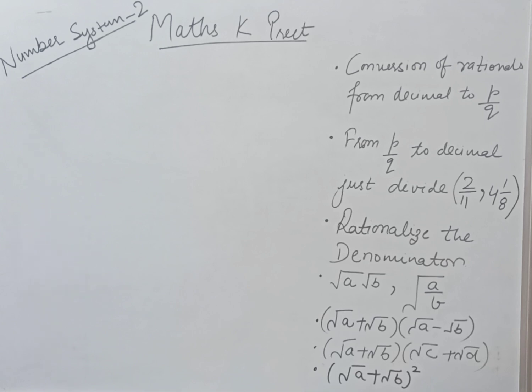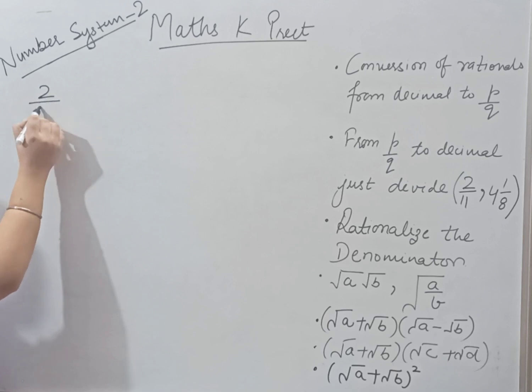From here we will learn how to convert a fraction to decimal under rational numbers, and from decimal to fractions for the rationals again, and how to rationalize the denominator and a few identities related to rationals and irrationals.